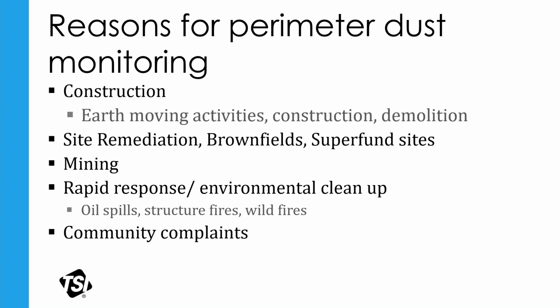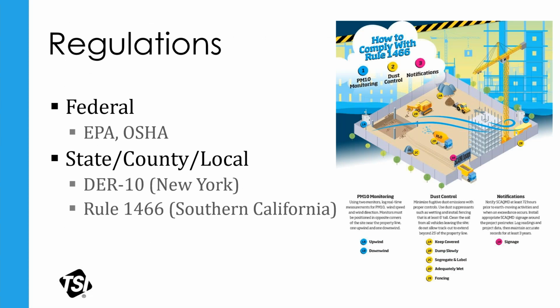And sometimes it just comes from community complaints. Could be a factory or process, and there may be a neighborhood nearby, and the neighborhood complains either to the city or local air advisory board, saying, hey, we don't like what's going on here, so you may have to set up some monitoring to look at things.